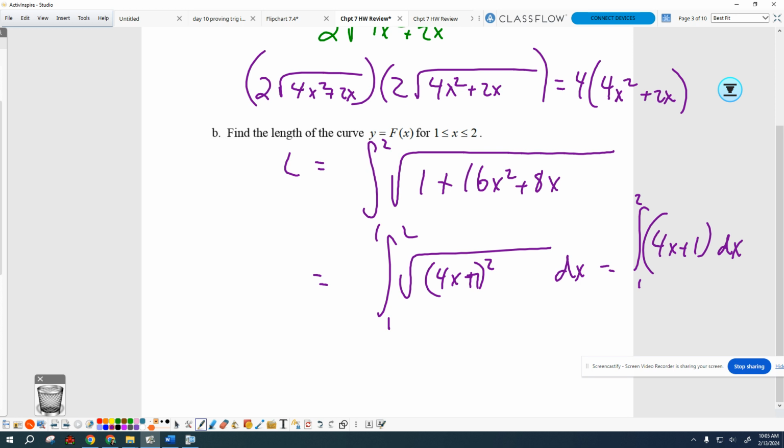So Gabriel, if they ask you for the length of a curve, give me a number, and you're not given a calculator, it's a hard question. Like now it's easy. But Preston, if you can't get the square, you're so screwed.